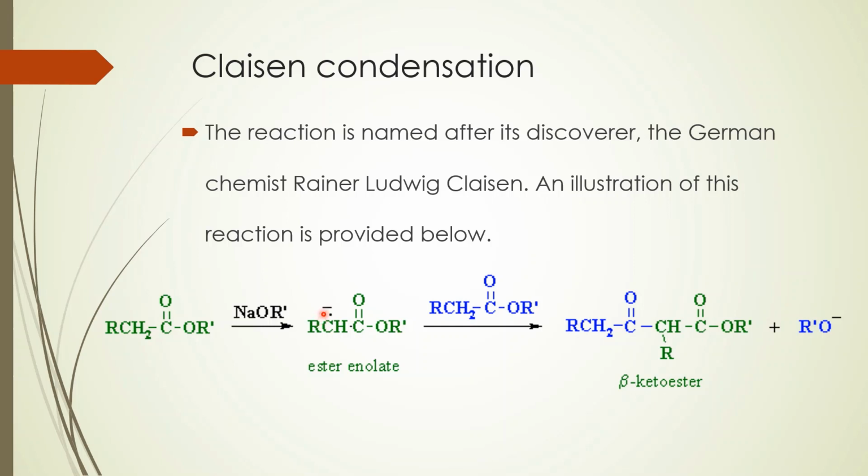So this negatively charged carbon atom attacks at this carbon atom and it will give the product, that is beta-keto ester. Here this part comes from the second molecule of ester and the green part comes from the first molecule of ester. Therefore, it is known as a condensation reaction between two ester molecules.